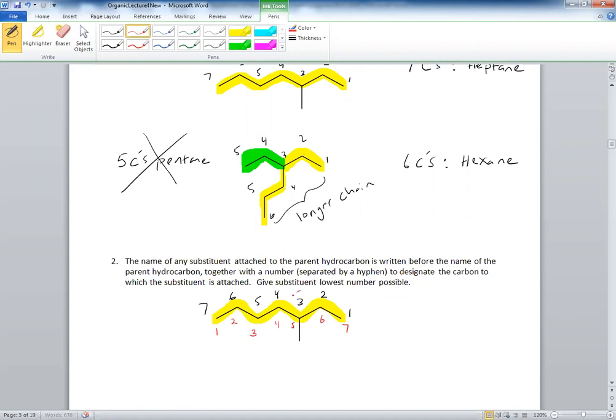Look where they meet. Counting from the right gives you 3 for the substituent. Counting from the left gives you 5. So this is the incorrect numbering. It has to be the lowest number, at least if you have one substituent. So therefore, we're going to erase this because we don't want too much noise here. Trust me, they're going to be messy enough.